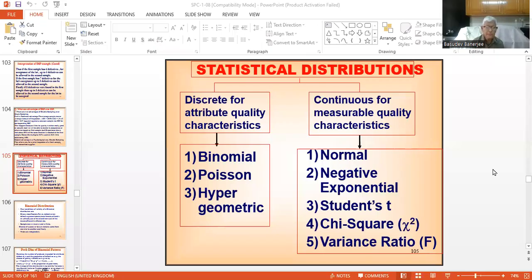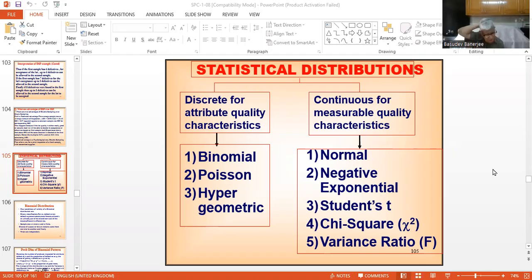The other is continuous statistical distribution, for measurable quality characteristics. For discrete, we'll be talking of binomial and Poisson, and for continuous, we'll be only talking of normal.